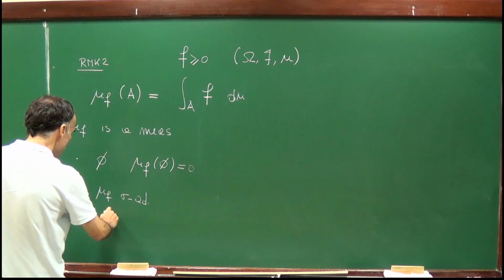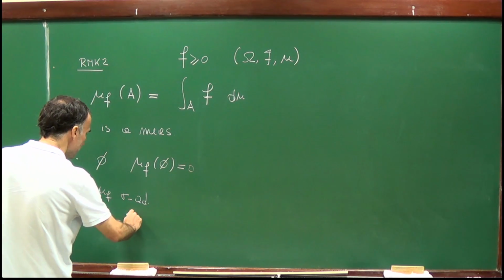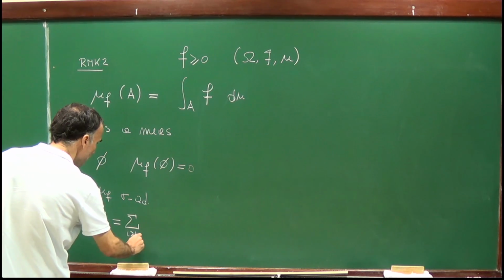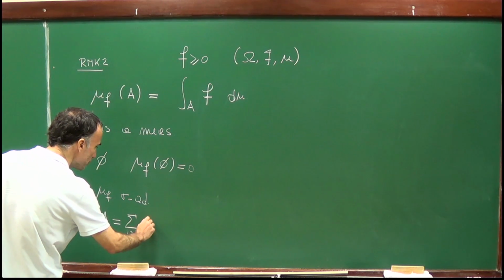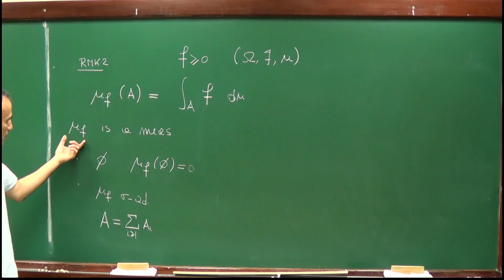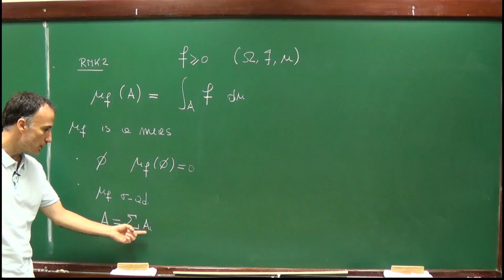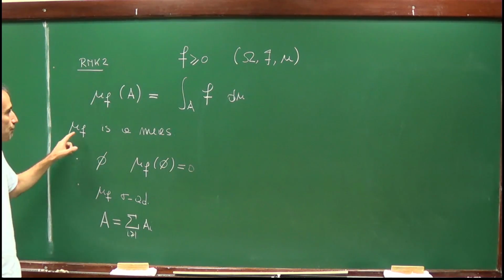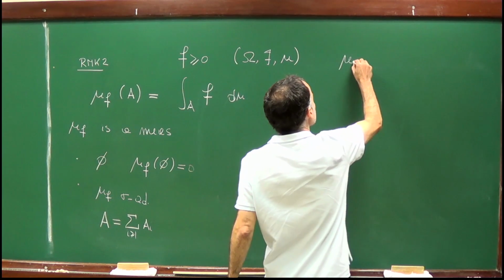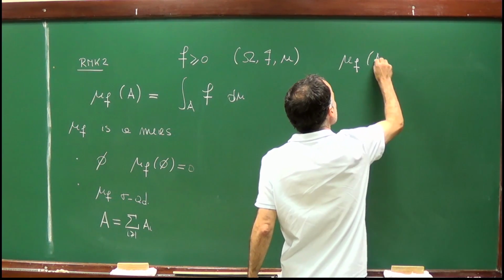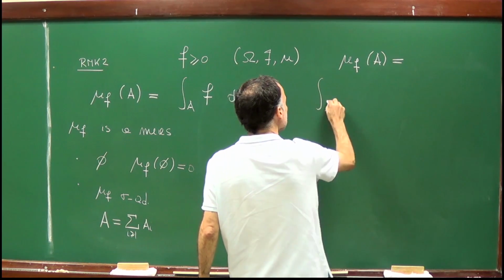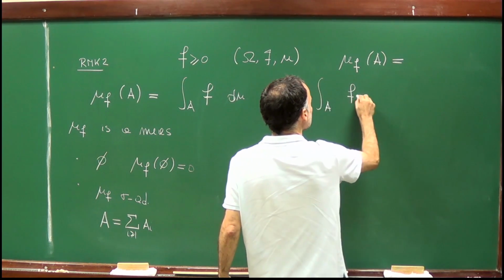So let's assume that A is a set, and that A can be written as the disjoint countable union of sets A_i. And what I want to show is that the measure of A is equal to the sum of the measures of A_i. So let's write that here. Mu_f of A, by definition, is the integral over A of f d mu.